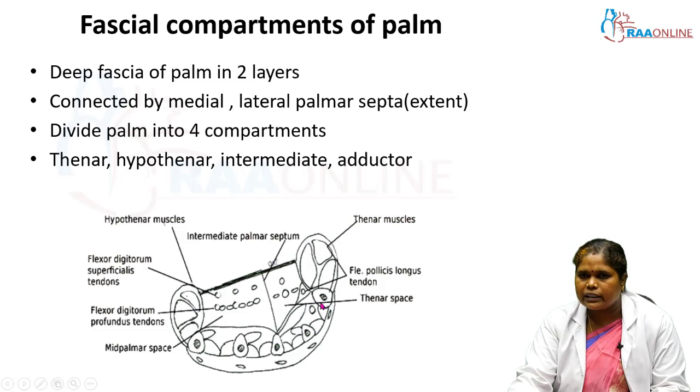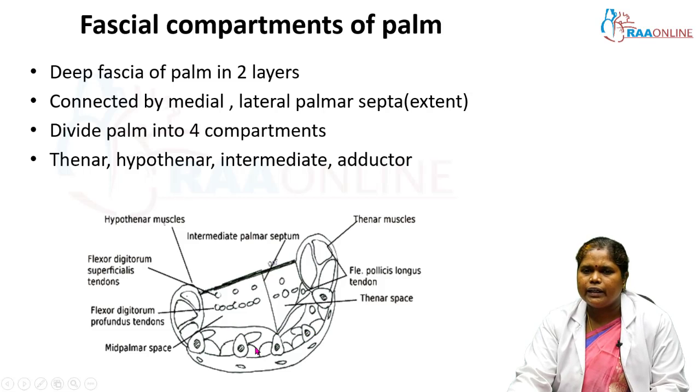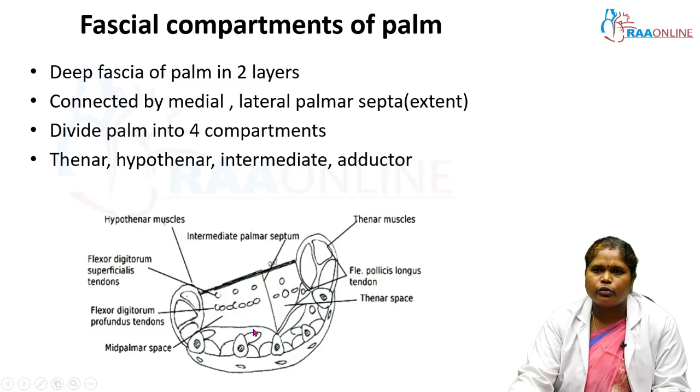So we are going to divide the hand into compartments. You can remember the thenar compartment, which contains the thenar group of muscles; the hypothenar compartment, which contains the hypothenar group of muscles; the intermediate compartment, which contains all the flexor tendons; and the adductor compartment between adductor pollicis and the first dorsal interossei muscle. So this is about the various compartments of the palm.